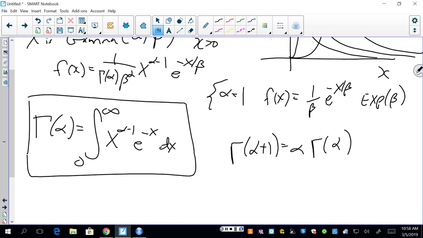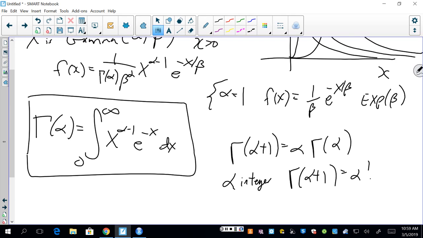So it kind of goes down. And we talked about with the betas that if alpha is an integer, the gamma of alpha plus 1 ends up just being alpha factorial. So it's kind of a combinatoric type thing. It doesn't show up quite as much in this one. It's more of a constant to make sure that this thing integrates to 1.